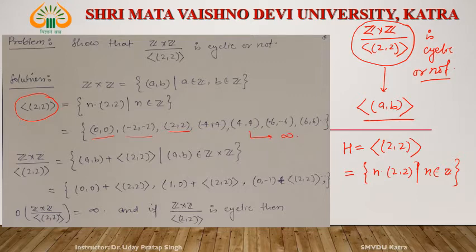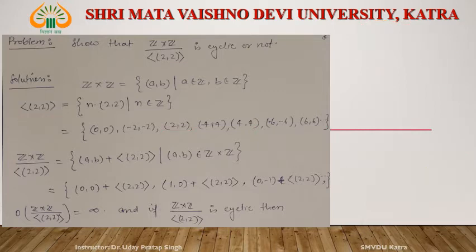Okay, now see, what is Z cross Z by (2, 2)?